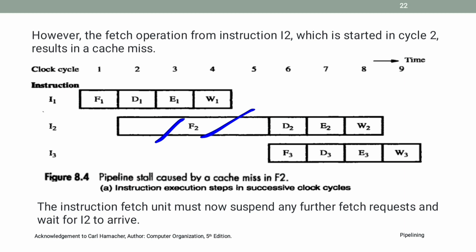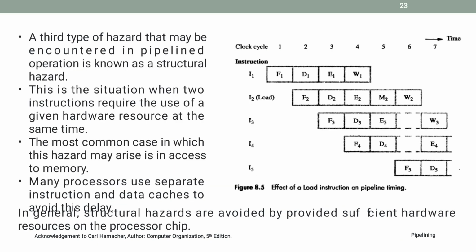So the instruction fetch unit must now suspend any further fetch request and wait for instruction to arrive. The third type hazard, which already stated, that is structural hazard.